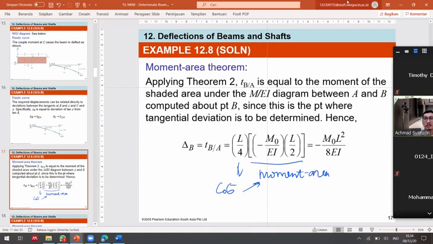By this formulation, we can obtain the deflection at point B.